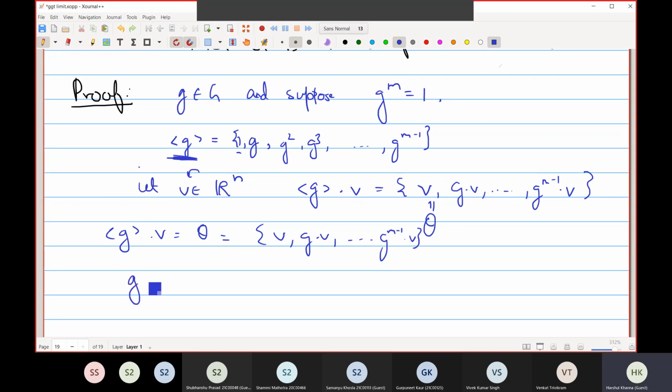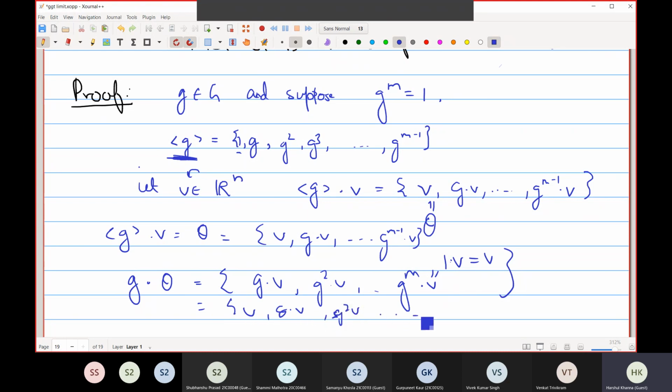Let's look at what is g dot O. We have g dot v, then g squared dot v, and then g to the power m minus 1 dot v goes to g to the power m dot v, which is equal to 1 dot v, which is v. So rearranging, we get v, g dot v, g squared v, until g to the power m minus 1 dot v. Note, this is again equal to O. So g acting on your orbit is again equal to your orbit.